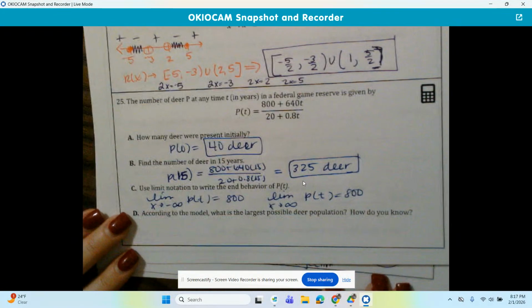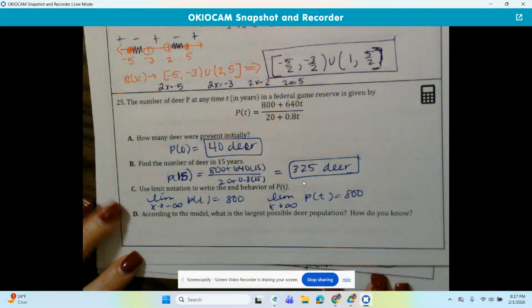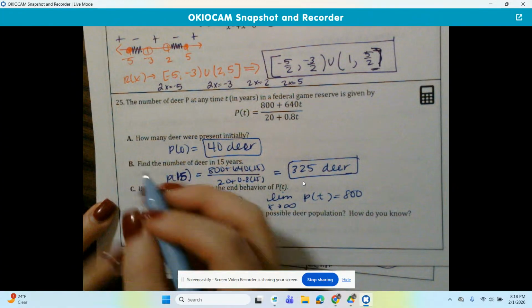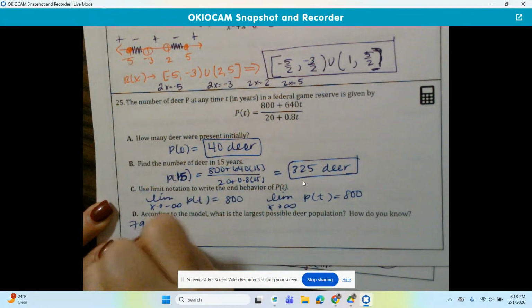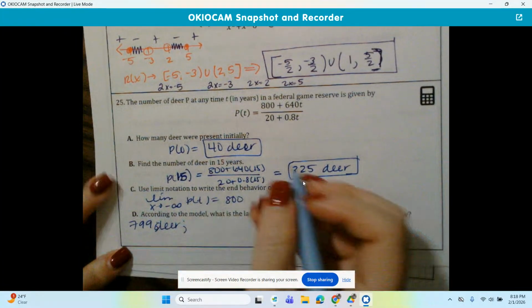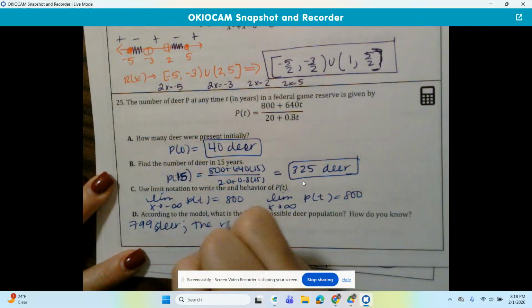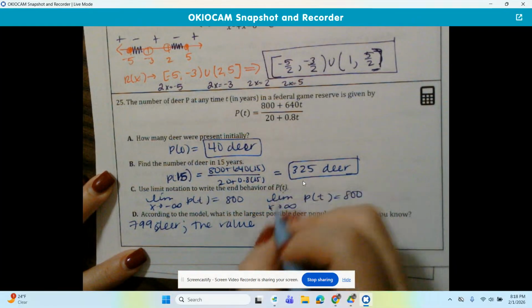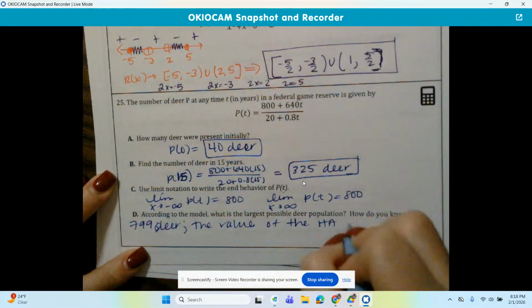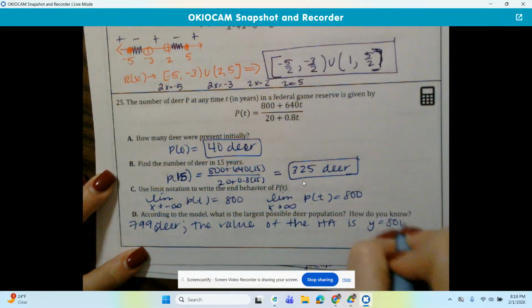Okay, so according to the model was the largest possible deer population. So we know we were approaching 800, we can never equal 800. All right, so it's going to be 799. Okay, the value we know of the horizontal asymptote is y equals 800.